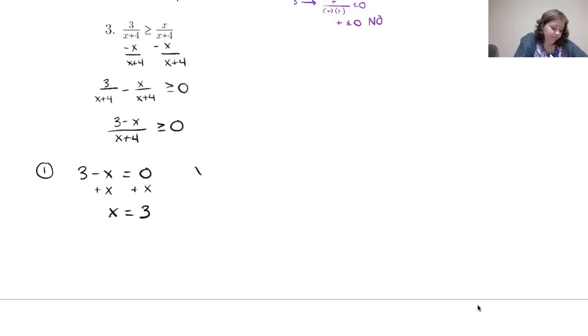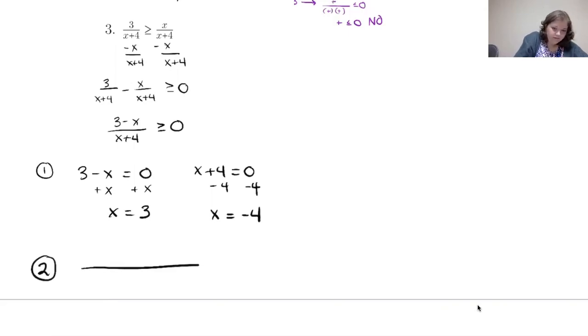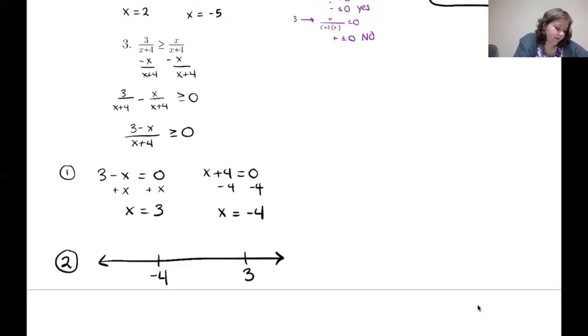And then the bottom, x plus 4 equals 0. We'll subtract 4, and we'll get x equals -4. And so for step 2, those two go on a number line. -4 comes first, and 3 comes second. So then we'll go on to step 3, which is the sign test.